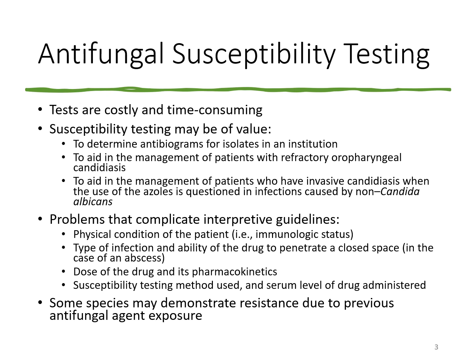Some species can demonstrate resistance due to being previously treated with antifungal agents, and with that treatment they can mutate a little bit over time, so it can make them resistant and difficult to treat later.